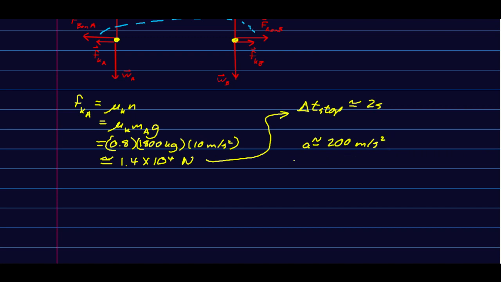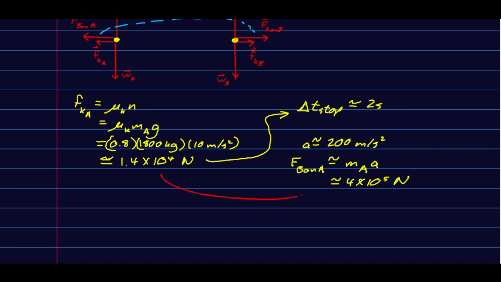And that means that F_B on A should be approximately the mass of A times that acceleration. It's pretty much the force that B is exerting on it that's doing this. And that comes out to around about 4 times 10 to the 5 newtons.